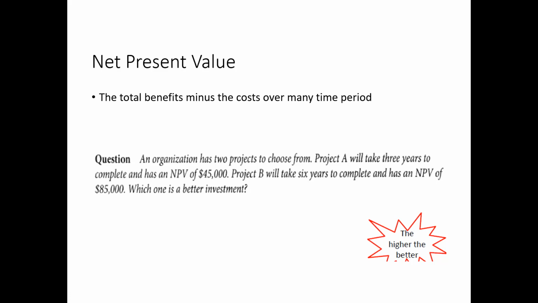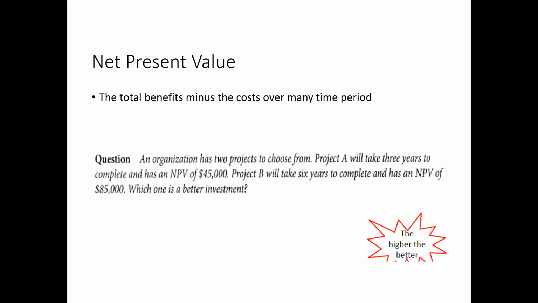Which one is best? Project A will be the best, no? It will be completed in 3 years. No, you know, the higher the value, we should take those projects.